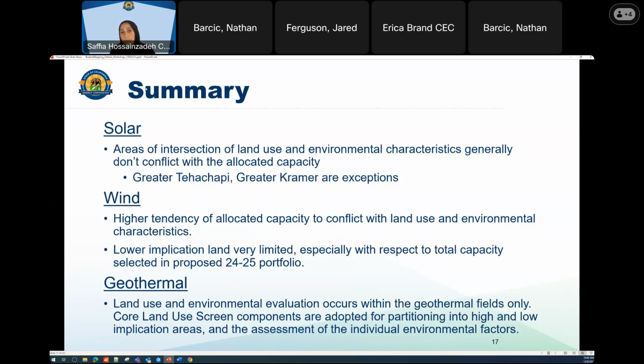And for geothermal, I shared the land use and environmental methodology that we used to assess the characteristics, and this was for the areas within the geothermal fields. Then that information would be used on the substations nearby. So that's it. I'll stop here.